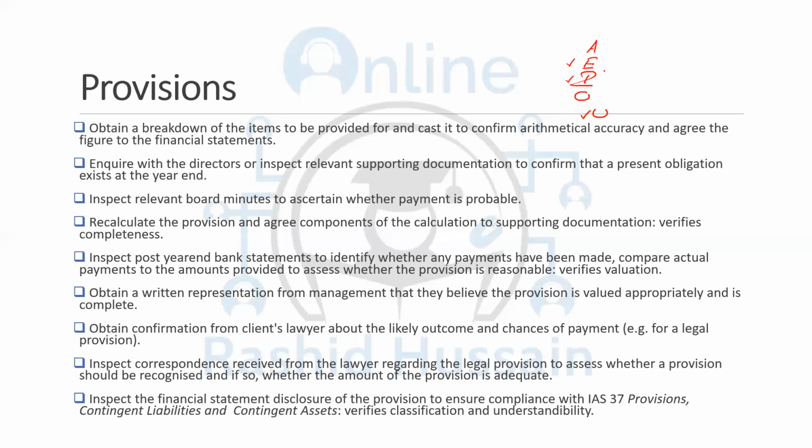So these three, which are inquiries of the relevant person, inspection of the relevant documents, and then the recalculation, are the most common procedures that you can use. Everywhere you see this. Now, other than that, I'm telling you the technique how to gain easy marks in the exam.